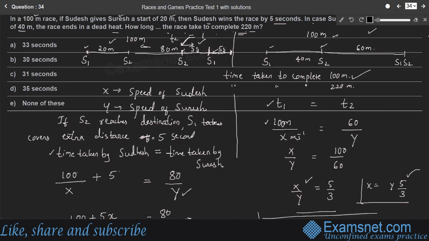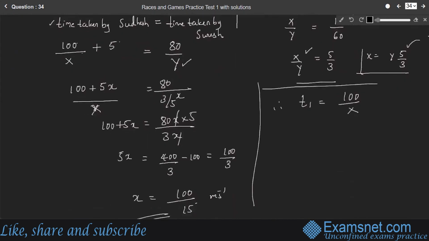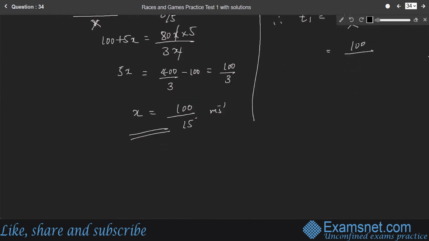You can consider first case or second case. Second case will be easy to find the time. So 100 by, here x is 100 by 15. 100 and 100 will get cancelled and 15 goes to numerator. So T1, time taken by Sudesh to complete the destination, is 15 seconds, right?